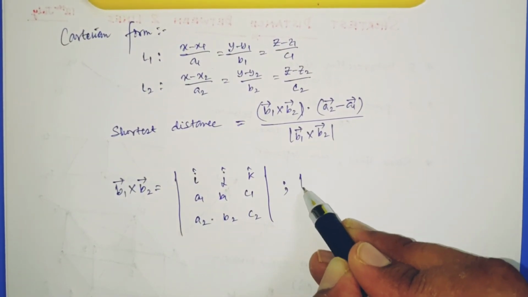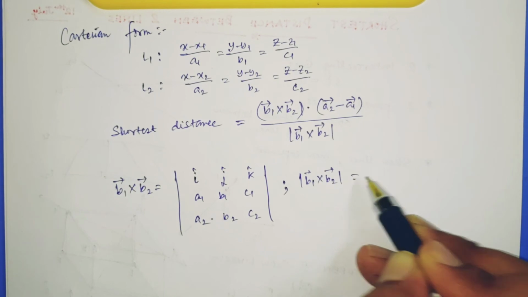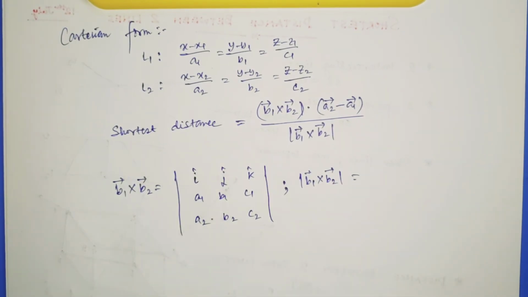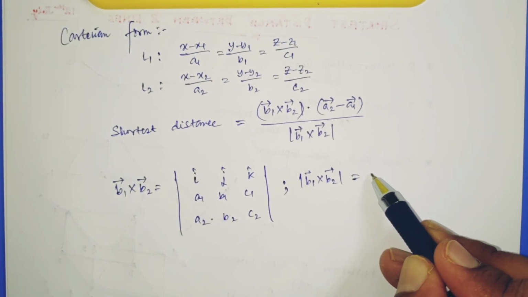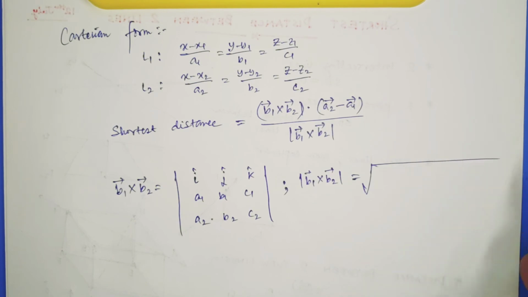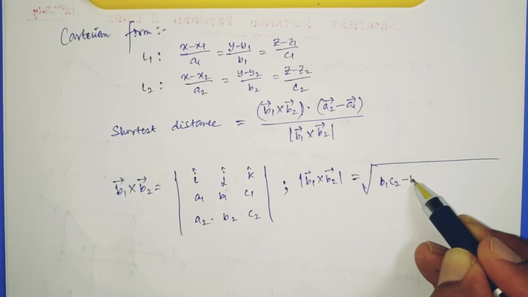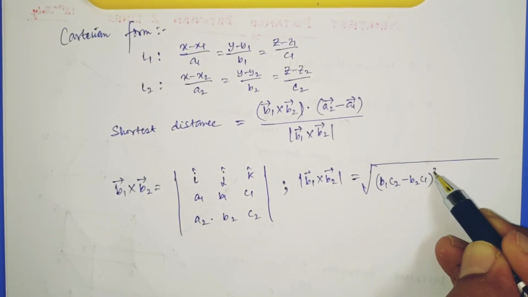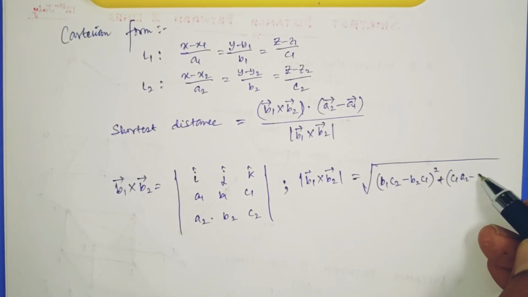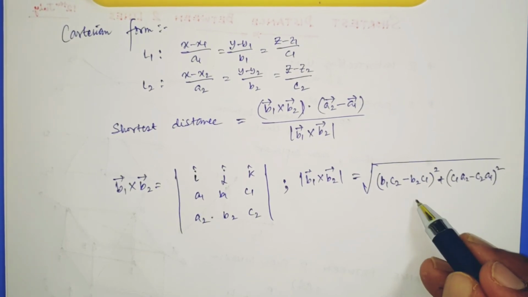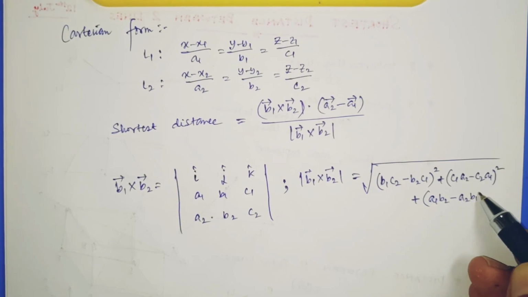Now can you tell me what the magnitude of B1 cross B2 will be? We have already done this one. I hope you will find it out, but let's directly write it. That will be equal to root over of (b1 c2 minus b2 c1) whole square plus (c1 a2 minus c2 a1) whole square plus (a1 b2 minus a2 b1) whole square.